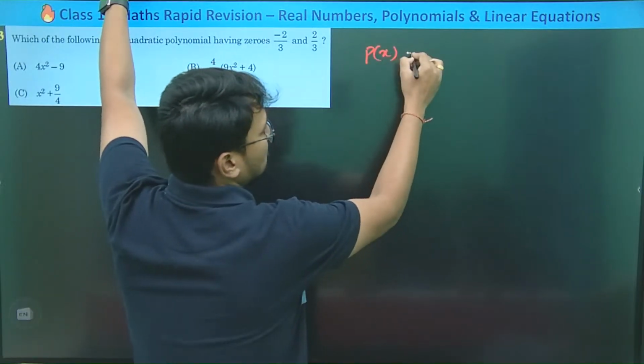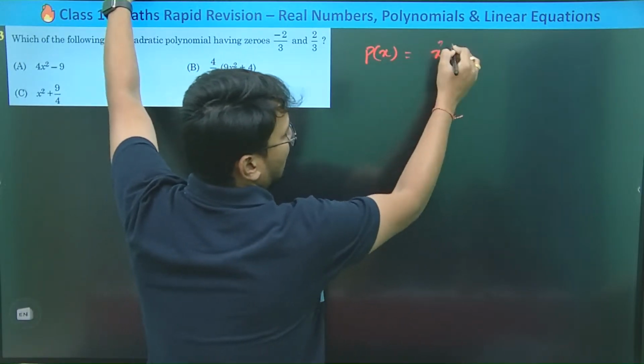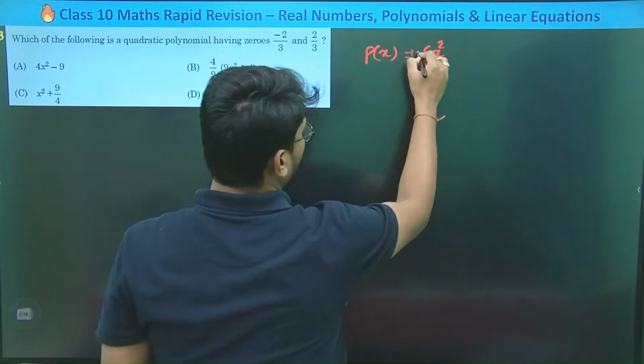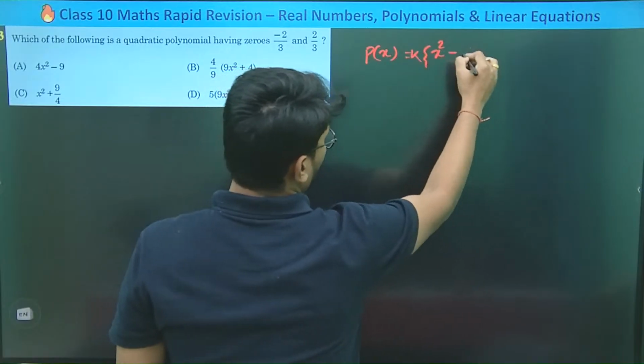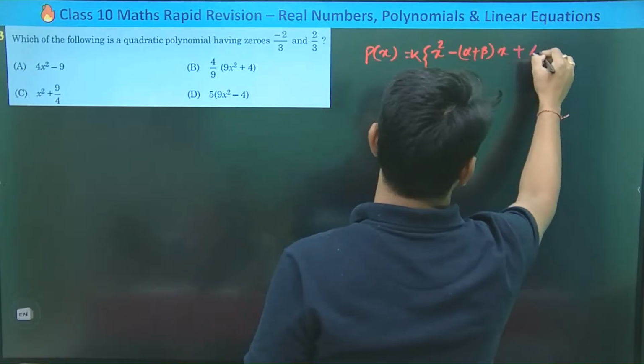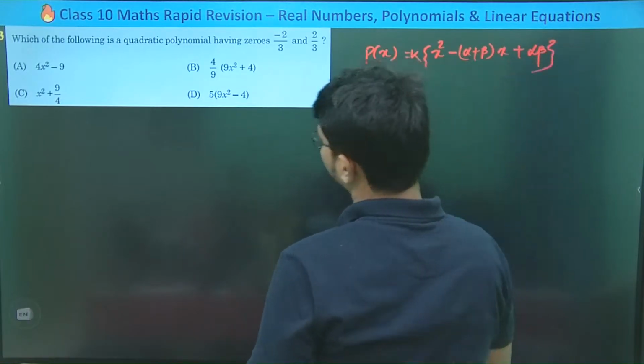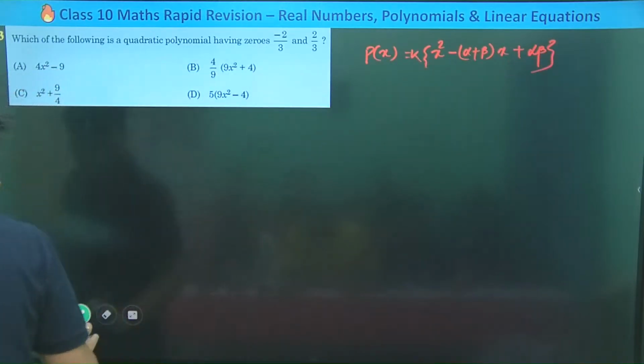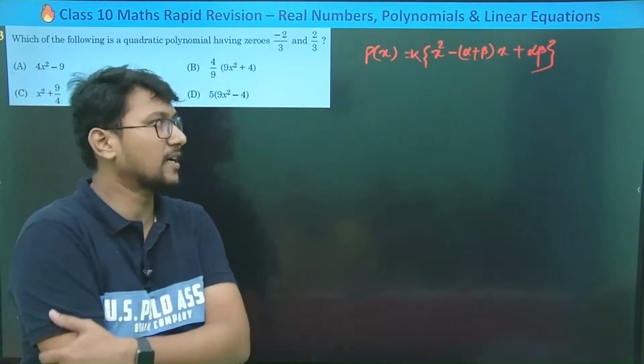P of x equals k into x square minus alpha plus beta into x plus alpha into beta. We will check right now.